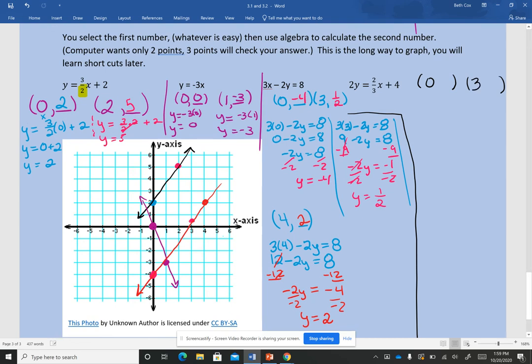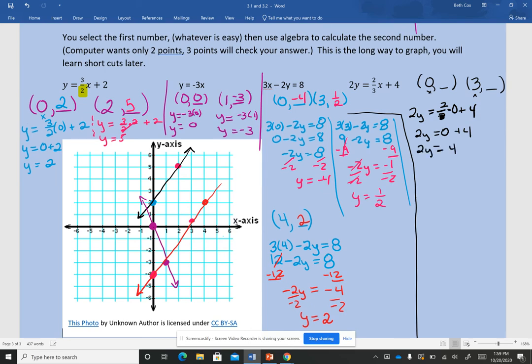All right, we've talked about the fact that when you multiply by the denominator itself, it cancels out. And so I'm going to put 0 and I'm going to do 3. Right, so these are both x's. So I'm going to do the 0 for this one first. So 2y equals 2/3 times 0 plus 4. So that gives me 2y is equal to 0 plus 4, or just 2y equal 4.